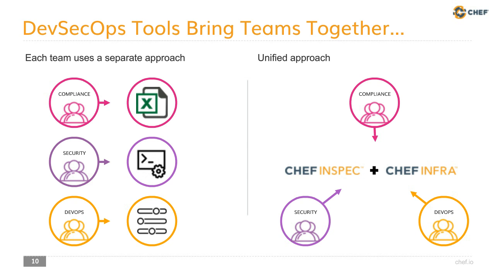Now, because we have a tool set that can bring a variety of teams and stakeholders together, it's also important that we keep in mind that those teams and stakeholders have different access and permissions within our organization. And we need to be able to reflect that within Chef Automate if we want everyone sitting at the same table. And that's exactly what our IAM does with our role-based access control, RBAC.